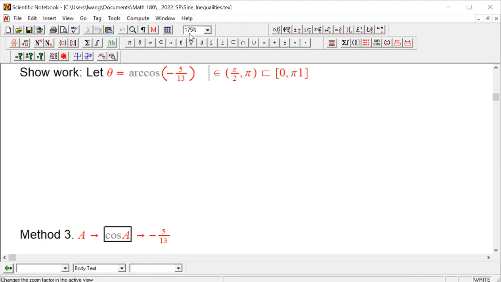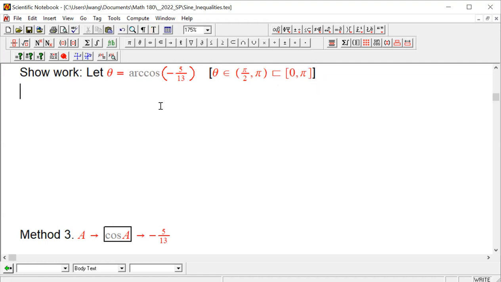So I'm going to put it as optional. This piece is optional for you to show, but it's very important to understand. So I'm going to put theta belongs to pi, sorry.